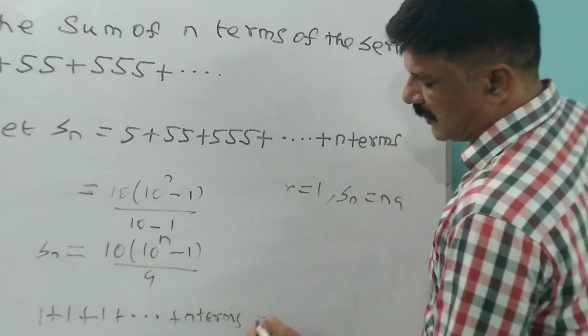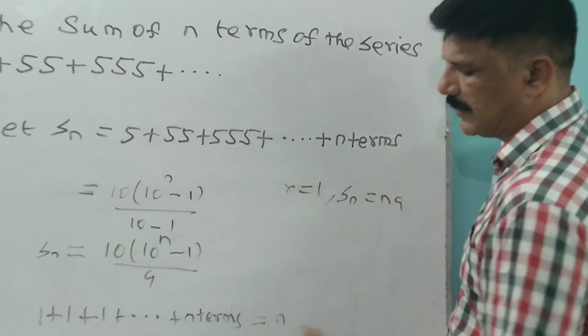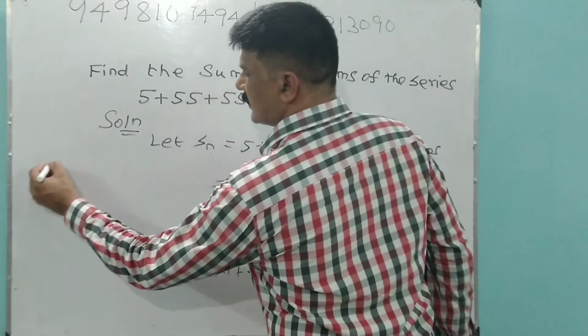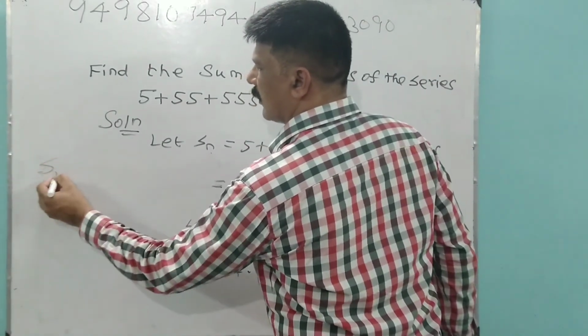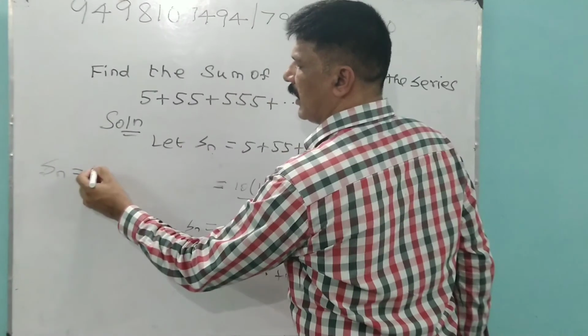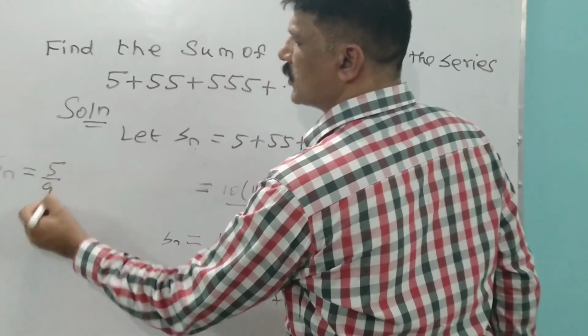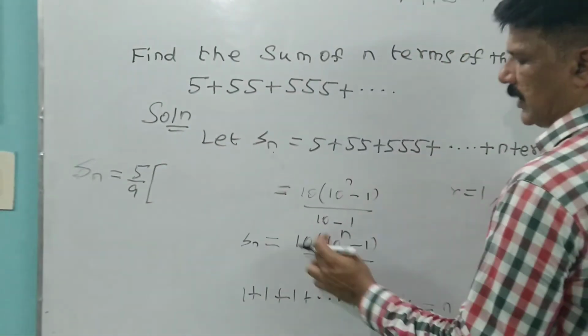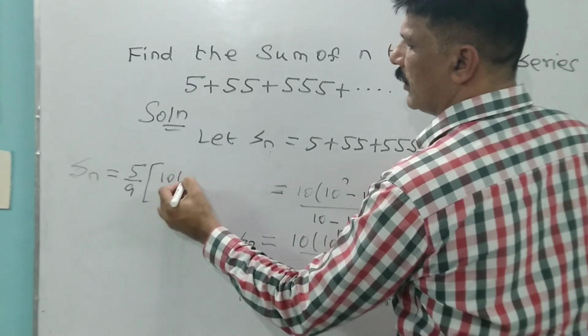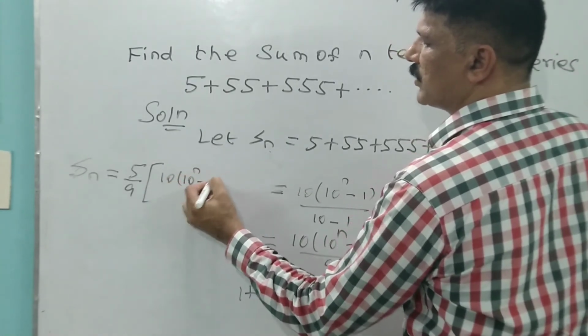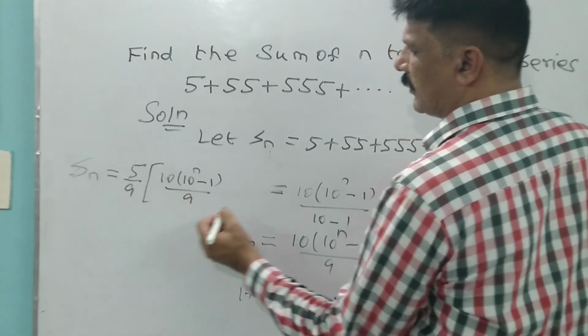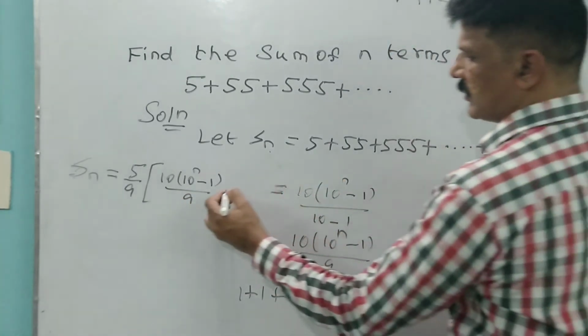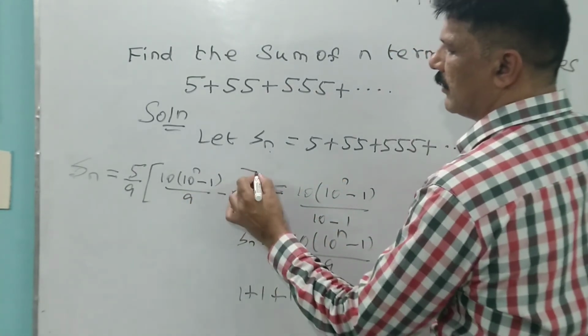So the sum of the second series is n. Sn equals, already 5 by 9 outside, first series answer 10 into 10 power n minus 1 divided by 9, the second answer is minus n.